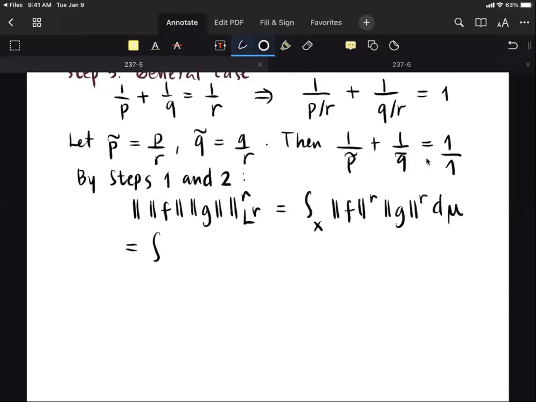This is just the definition of the LR norm. Now R is equal to what? Based on this equality here, R is equal to P divided by P tilde. And similarly, R is also, using the second equality, Q divided by Q tilde.